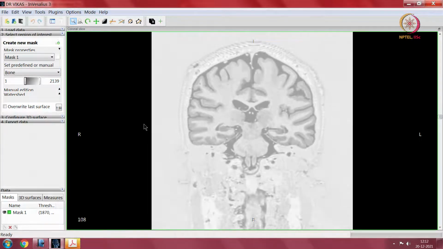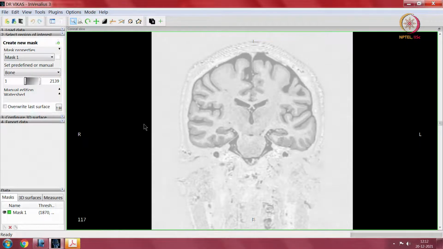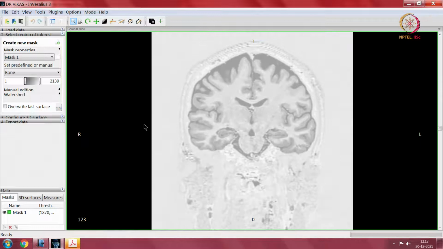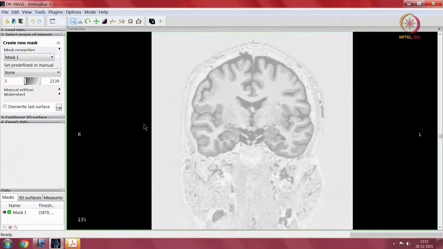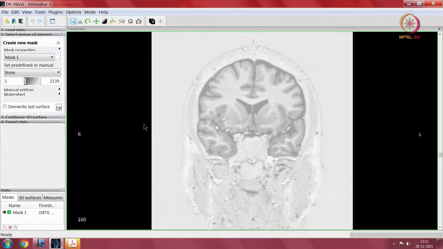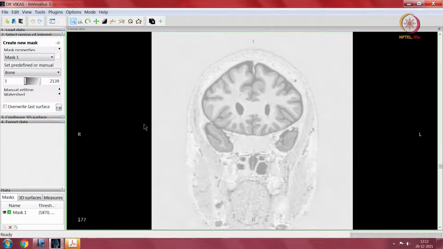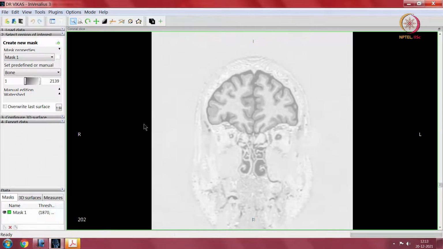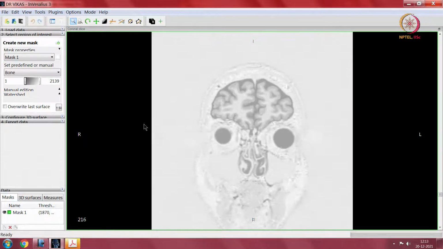So, this is side to side cut and so here comes the eyes. Here are the two eyes.